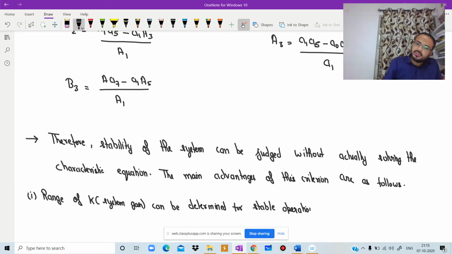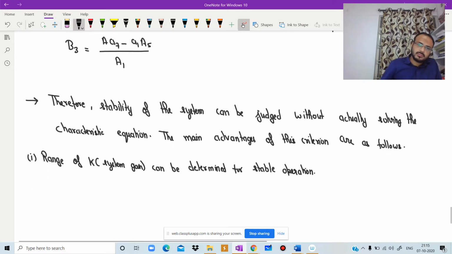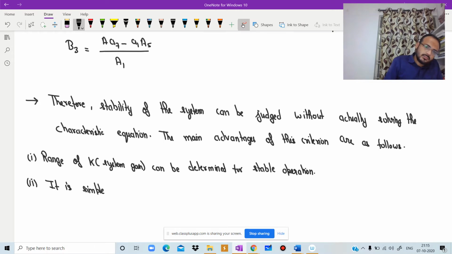And second one, it is a simple method, essentially using an algebraic approach, because there is no need to draw the plot.